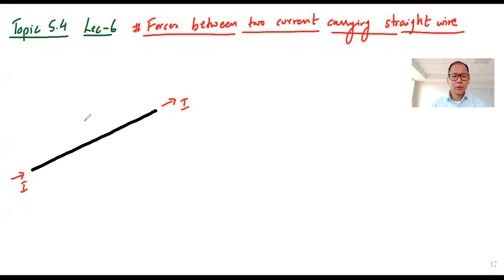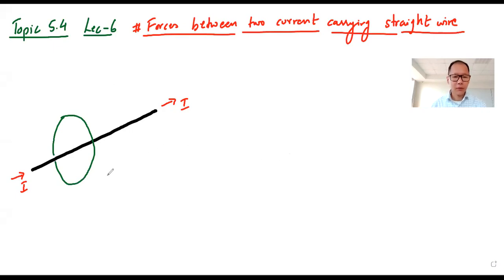Now let's start with the magnetic field due to a current carrying straight wire. Let us assume a current I flowing through this straight wire. The first observation we stated in the last lecture was that the magnetic field of the current carrying wire is a circular field. How can we find the direction of the magnetic field?